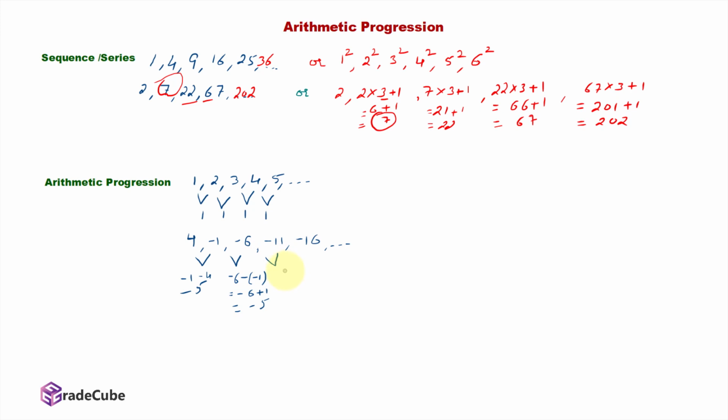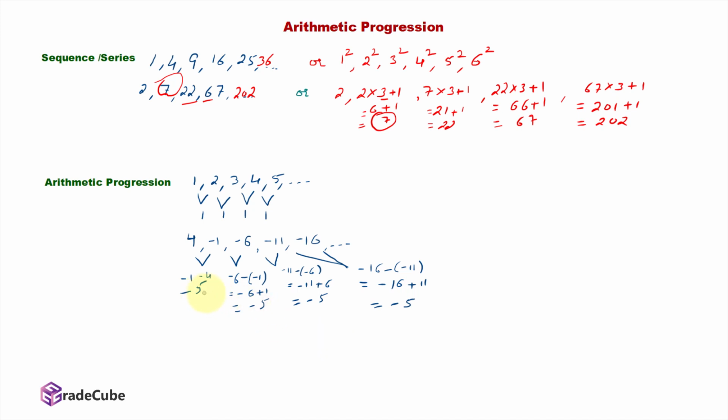Here the difference is minus 11 minus minus 6, means minus 11 plus 6, again minus 5. And finally, the difference between these two terms will be minus 16 minus minus 11, which is minus 16 plus 11, again minus 5.